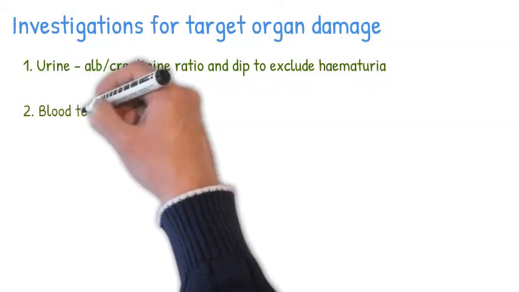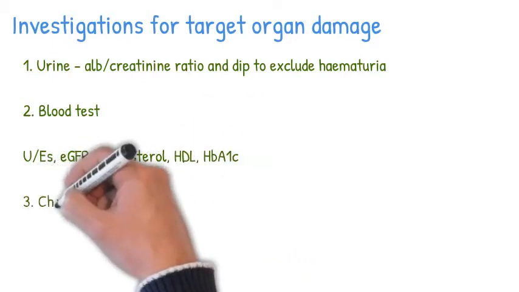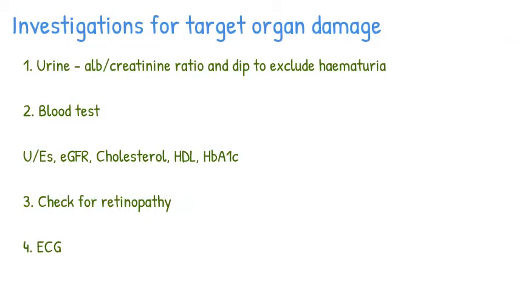You should dip the urine and look for hematuria. You should arrange some blood tests, which includes U's and E's, an eGFR, cholesterol, HDL, and hemoglobin A1C. You should also look in the eyes to check for retinopathy and also arrange a 12-lead ECG.